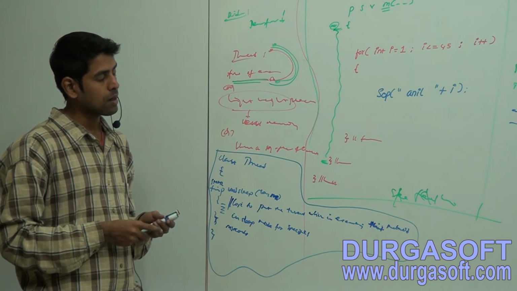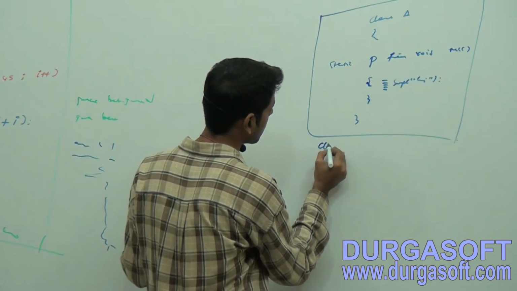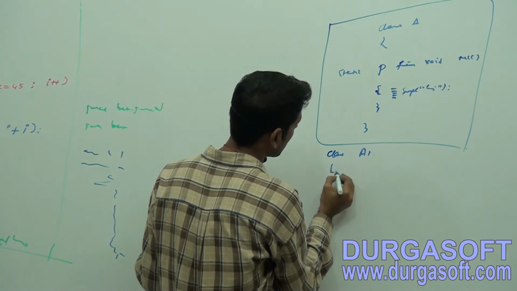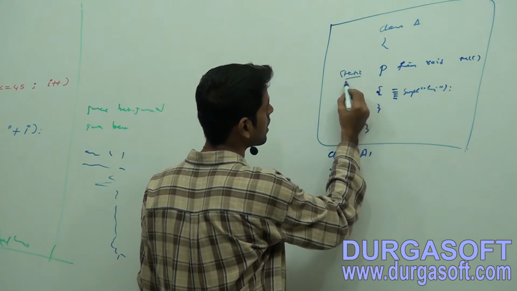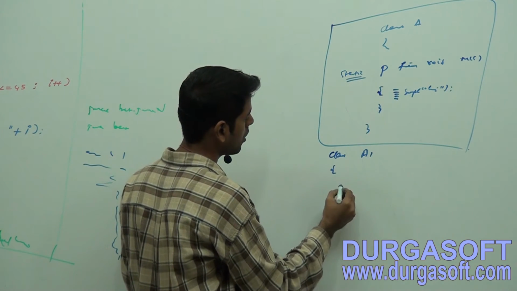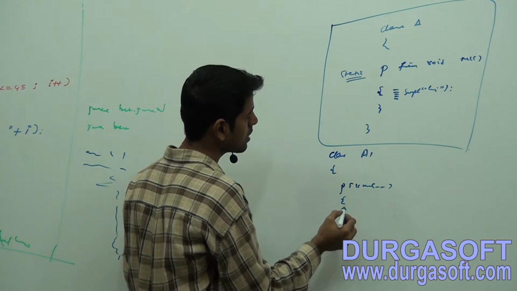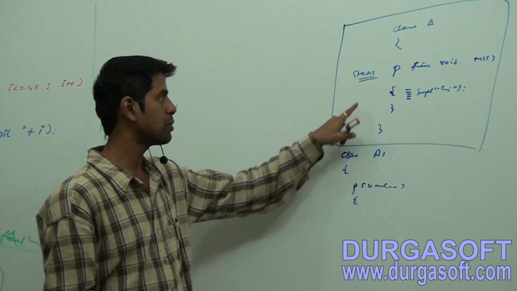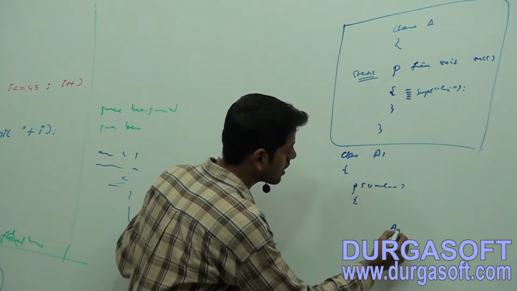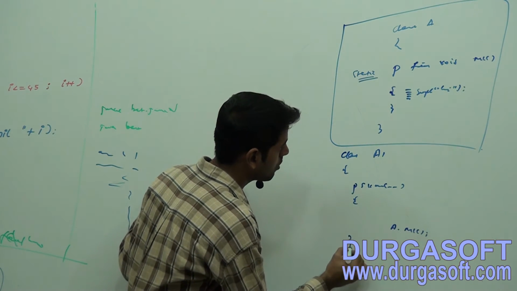Now observe. Think that I have one more class called A1. This is a static method. I want to print hi within this main method of class A1. How to call this method? Class name dot m1. What will be the output?